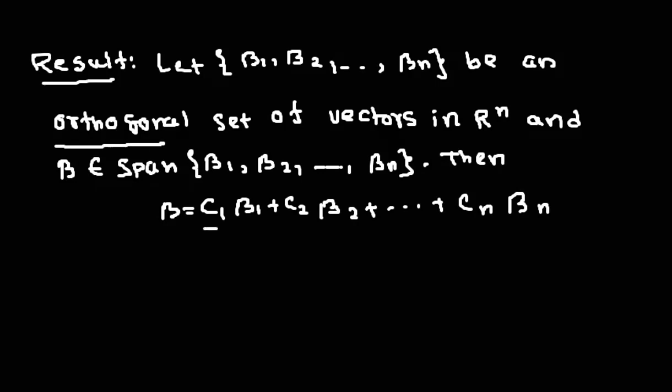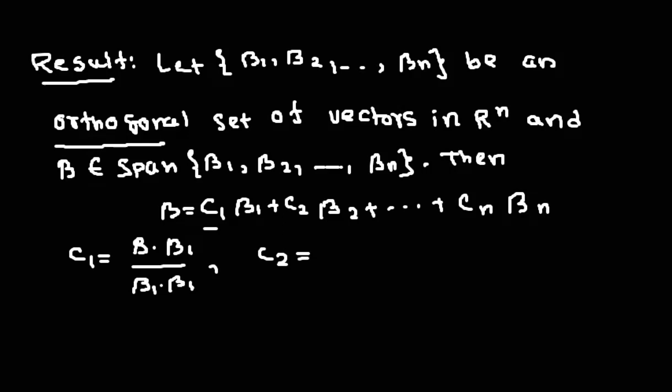So what is going to be C1? C1 is going to be the projection of the vector beta upon the vector beta 1. So C1 is going to be beta dot beta 1 by beta 1 dot beta 1. Similarly, C2 is going to be the projection of the vector beta upon the vector beta 2.